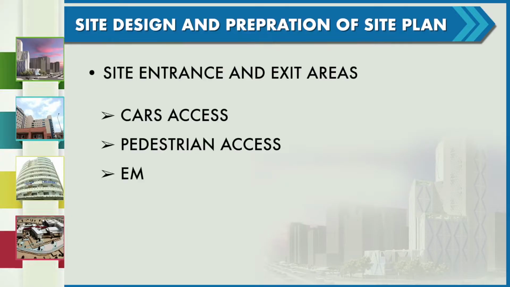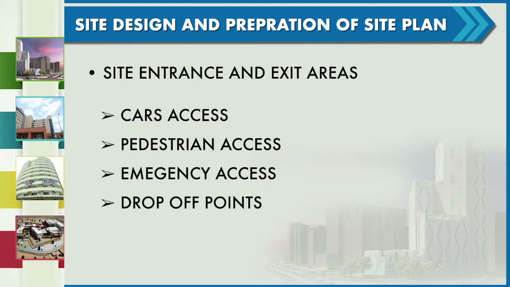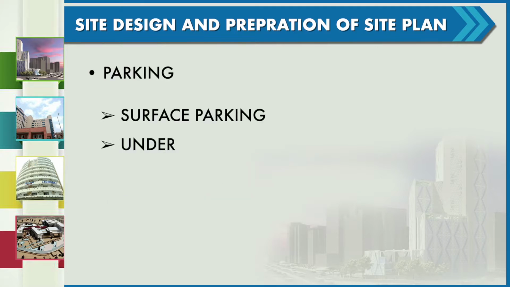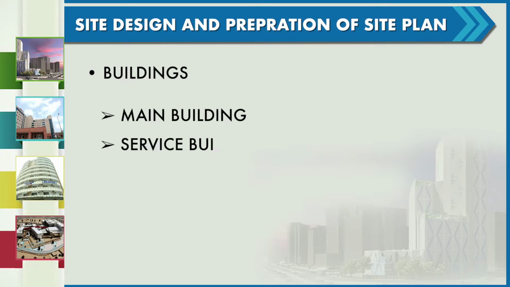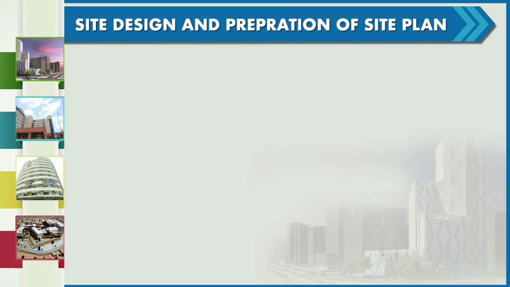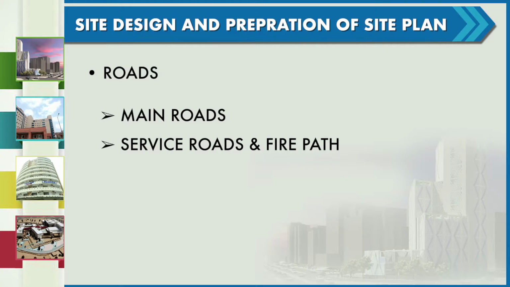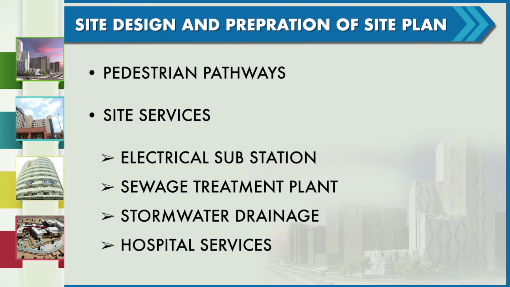The various elements that we have to plan for in the site planning are site entrance and exit areas, which include car access, pedestrian access, emergency access and drop-off points, parking, surface parking and underground parking, buildings, main building and service buildings, roads, main roads, service roads and fire paths, pedestrian pathways, and site services.